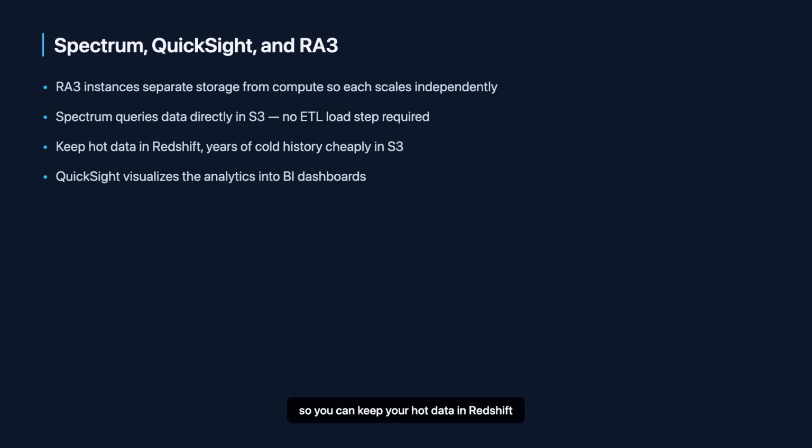So you can keep your hot data in Redshift and years of cold history cheaply in S3, then query across both in one statement. And when the product team wants dashboards, QuickSight visualizes the analytics into business intelligence reports. So remember, query S3 from the warehouse means Spectrum, and visualize the results means QuickSight.